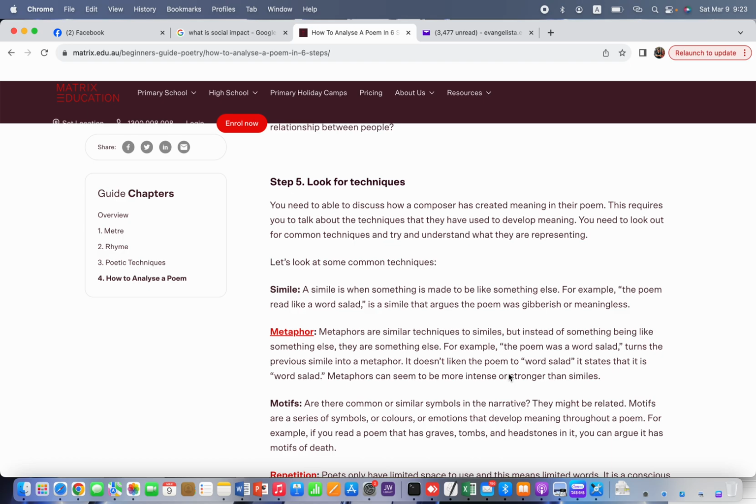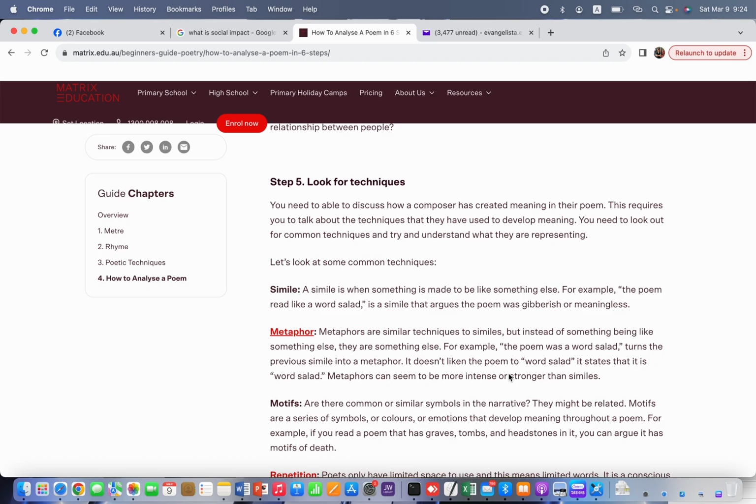Like the first stanza has 5 lines, the second stanza has 3 lines, and the next stanza has 5 lines: 5, 3, 5. So what's the meaning of that? Basically, we know it's not about chronology or numbers, but it's better to at least look into that idea about the techniques used by the writer.